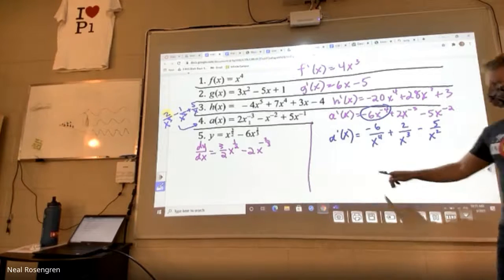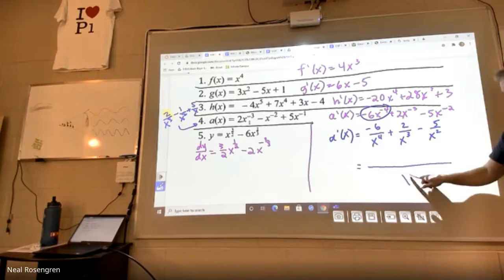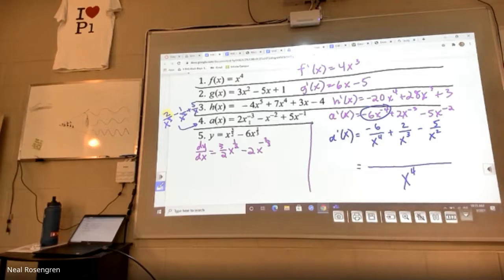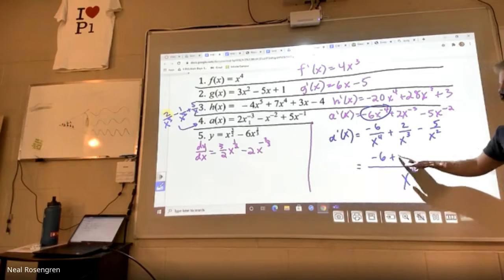And even more so, sometimes what they'll do is they'll make us do this: 1 fraction with a common denominator, which is just going to be the biggest exponent. And making sure that we can make adjustments like this.